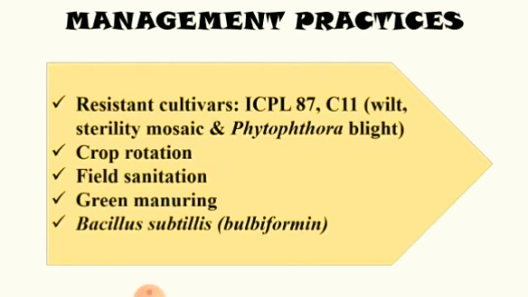We can also go for crop rotation, that should be long term crop rotation, and we can do green manuring. How is green manuring helping? Actually, in green manuring, we incorporate green live plants into the soil, and the microbes will be decomposing them.